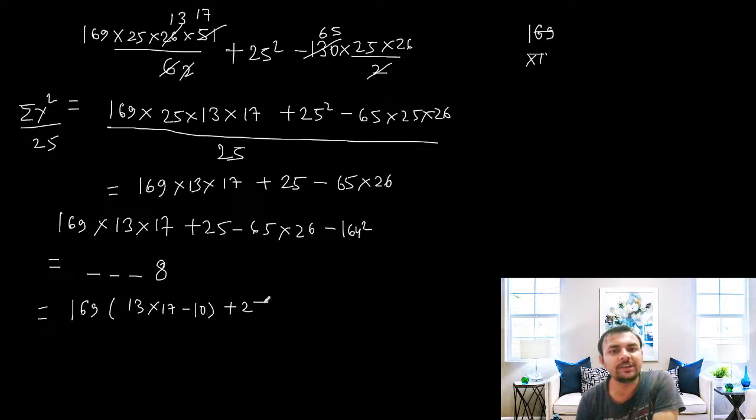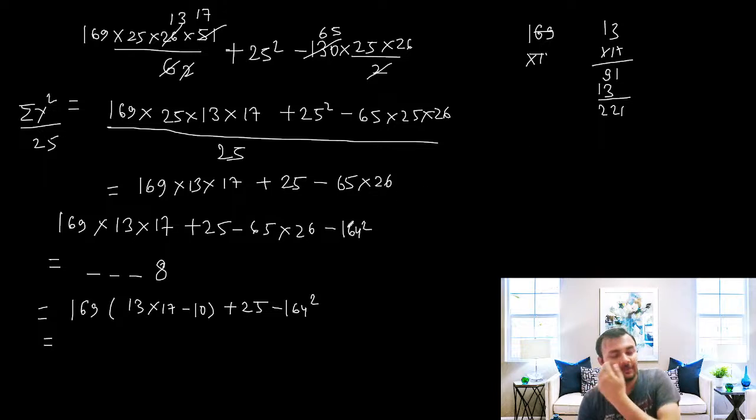We have 25 minus 164 whole square. 13 into 17 is 221, minus 10, 211. So it is nothing but 169 into 211 plus 25 minus 164 whole square.